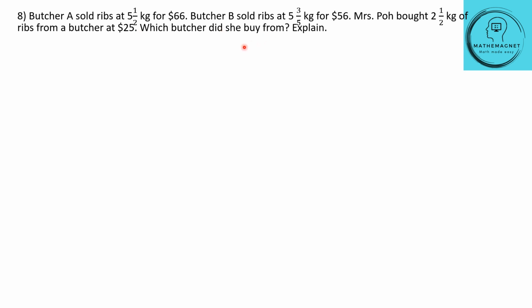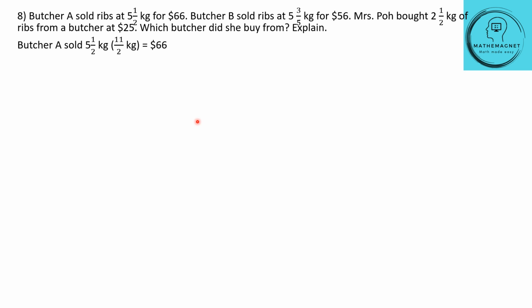Now we need to find out from which butcher she has bought 2.5 kgs for $25. So to find that, we'll have to calculate how much butcher A will charge for 2.5 kgs and how much butcher B will charge for 2.5 kgs. So we'll see which of these will come to $25 to know which butcher Mrs. Poe has bought from. So let us start the calculation.